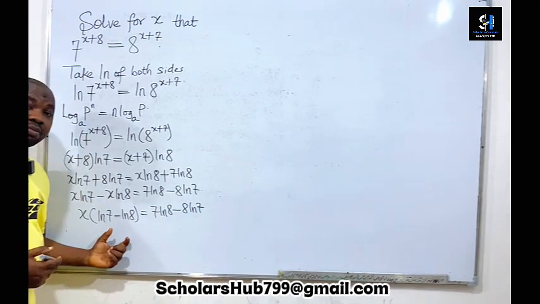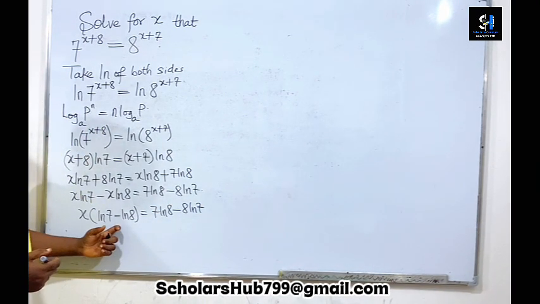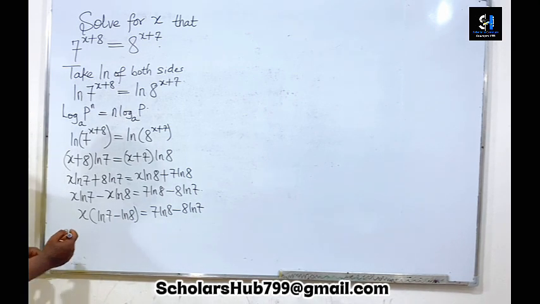Now I can divide both sides by ln 7 minus ln 8 to get the value of x.